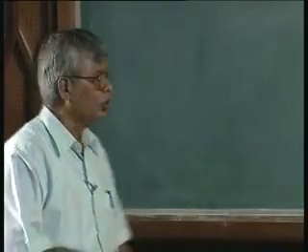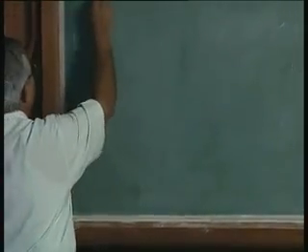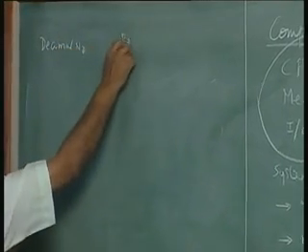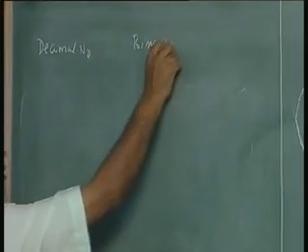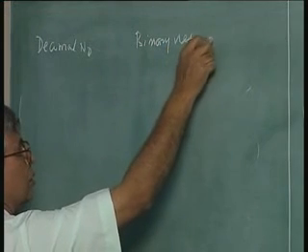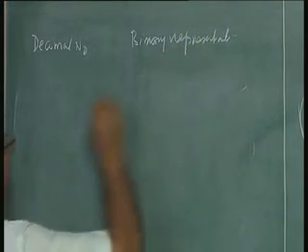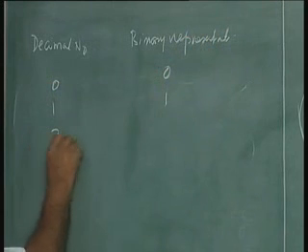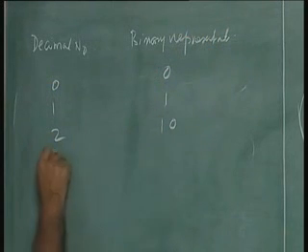So now I have a decimal number and a corresponding binary equivalent, binary representation. Now 0 will be 0, 1 will be 1, 2 will be 1 0, 3 will be 1 1.